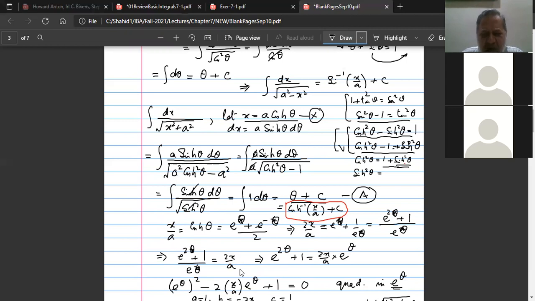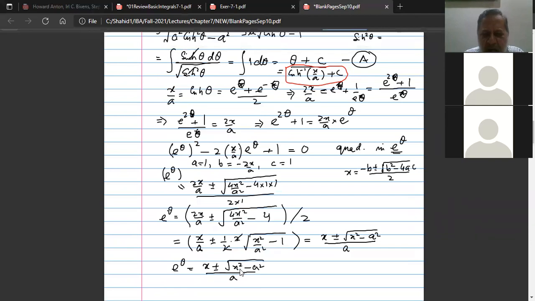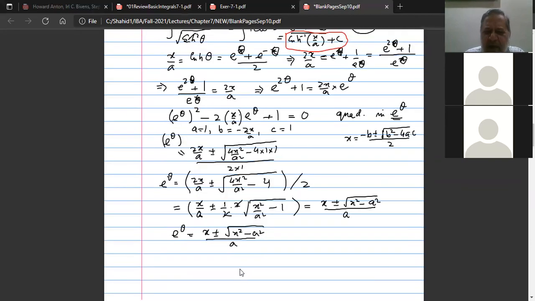I did it correct. This is x square minus a square. Cos hyperbolic square theta minus 1 is equal to this. Everything is all right.